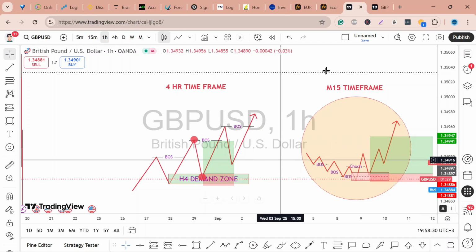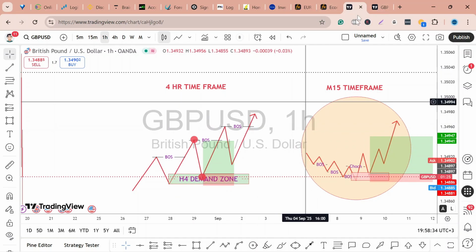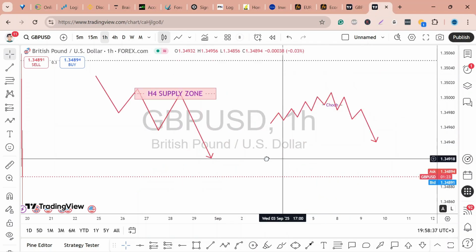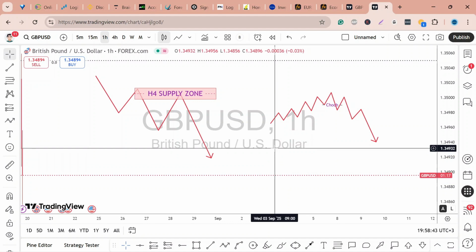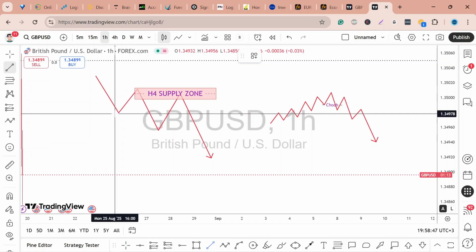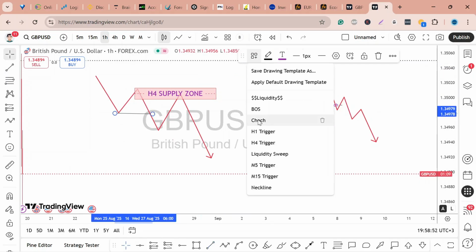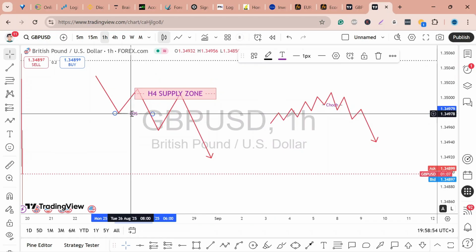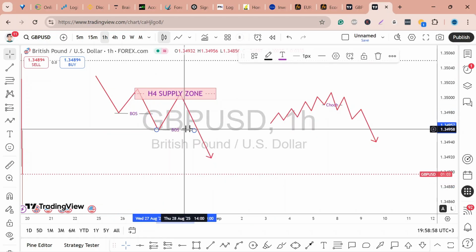So I want to show you on the sell side how this happens. When the market is bearish, you want to make sure that the market is making lower lows and lower highs, and during this movement the market does a break of structure.